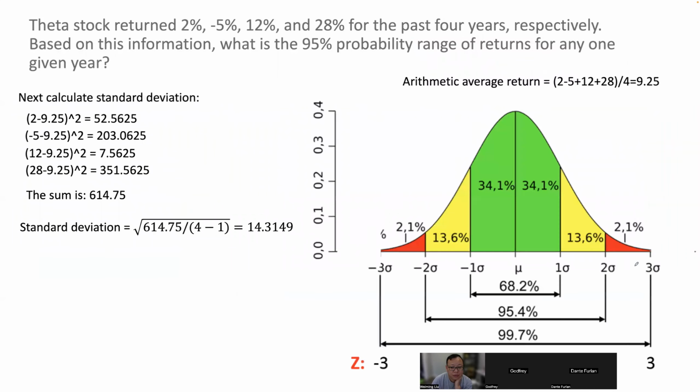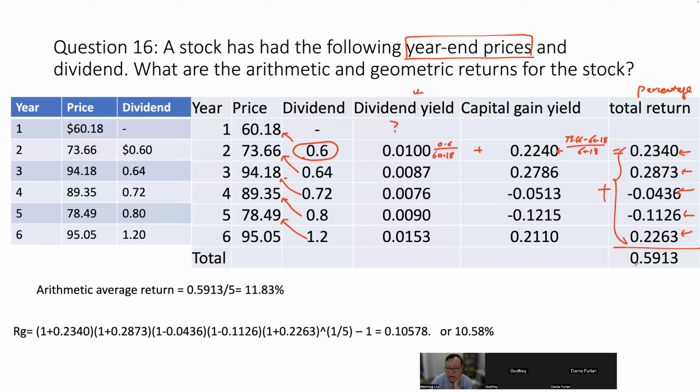That will be 0.5913, and there are 5 observations. So I use 0.5913 divided by 5, which equals 11.83%. That's my average, and we call this the arithmetic average return. So the word here is arithmetic.